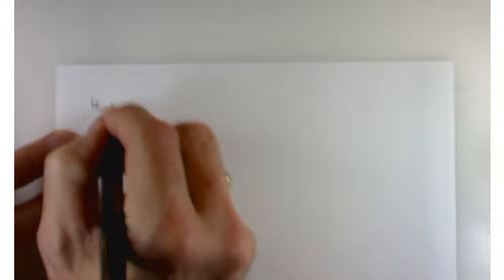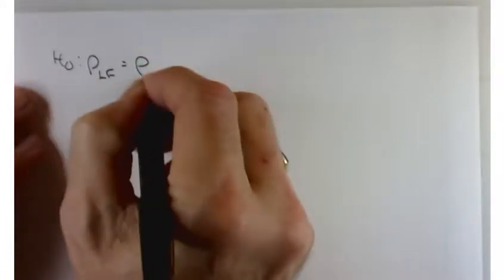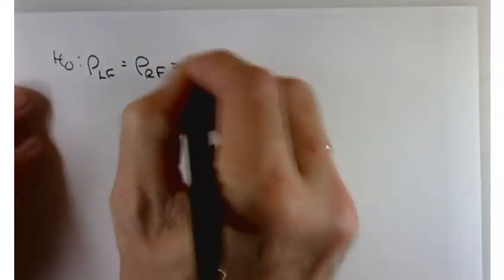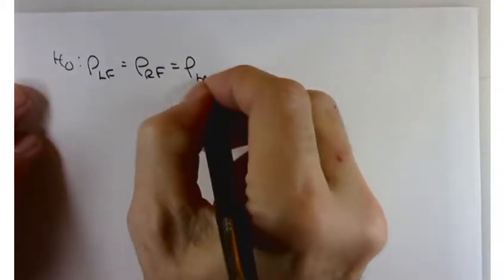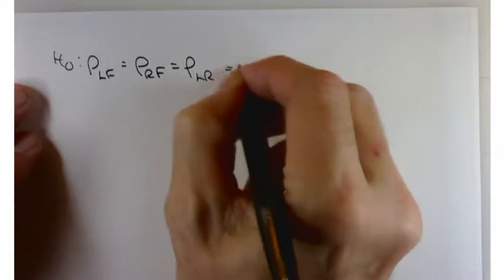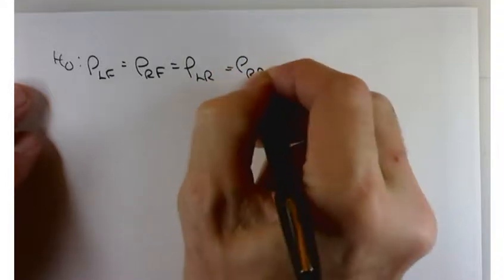So, H naught, you could say this in a couple different ways. You could say the probability of the left front equals the probability of the right front equals the probability of the left rear equals the probability of the right rear.